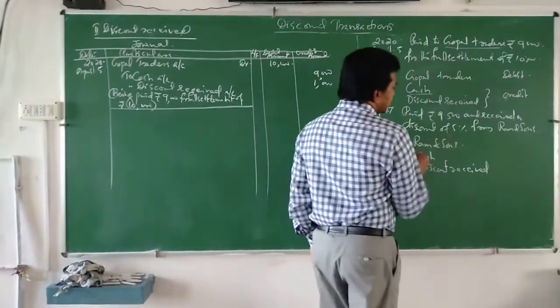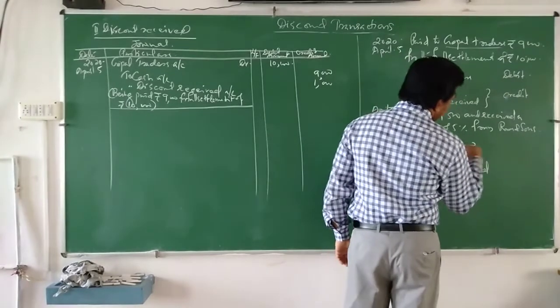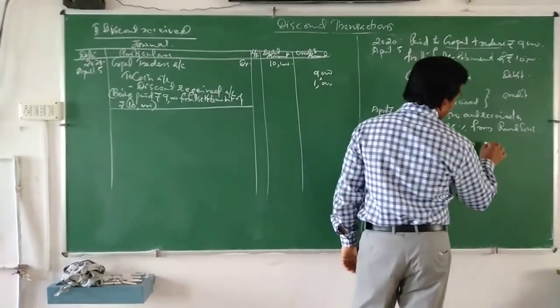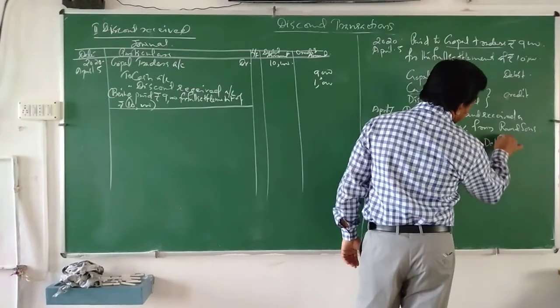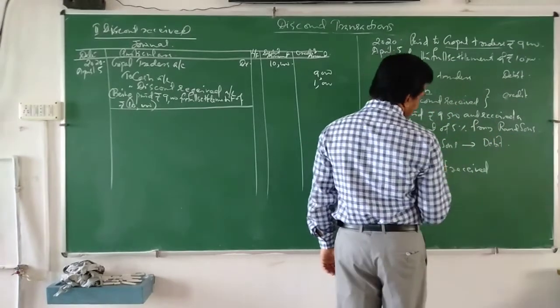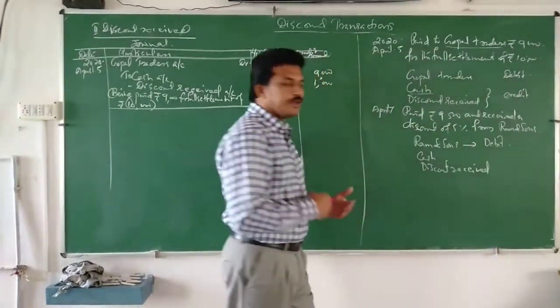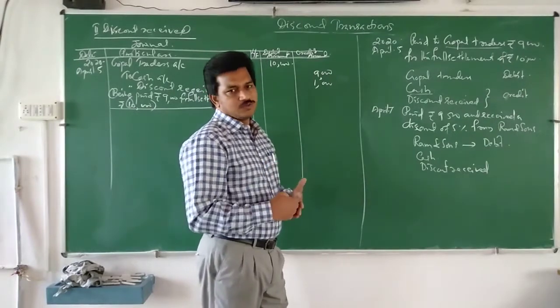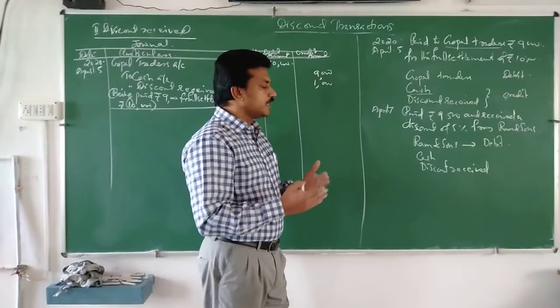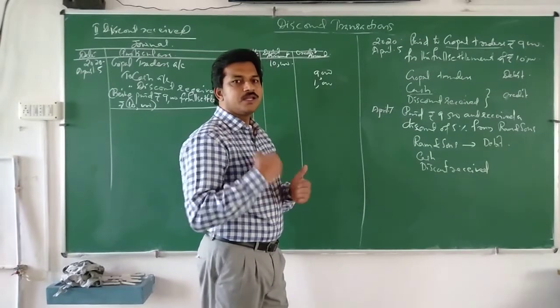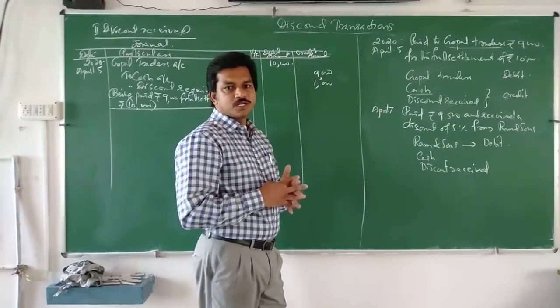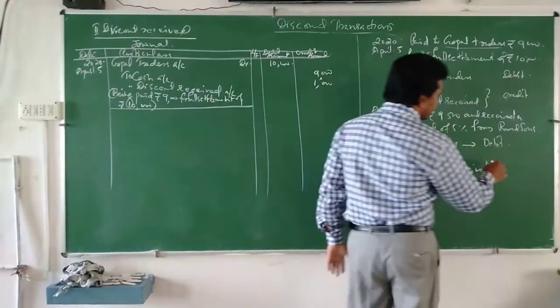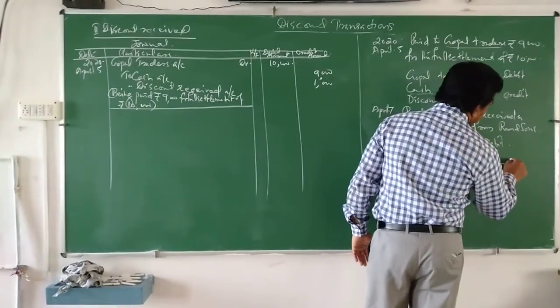So Ram and Sons receives cash, so they can be debited, and cash we pay the cash, and the discount we receive, income receives, so credit, and cash goes out, so that also will be credit. So we can credit both.